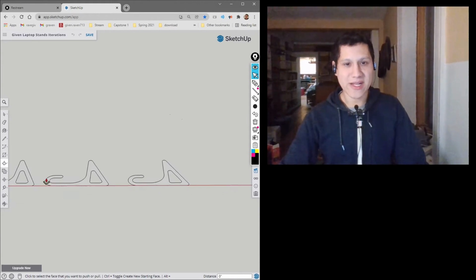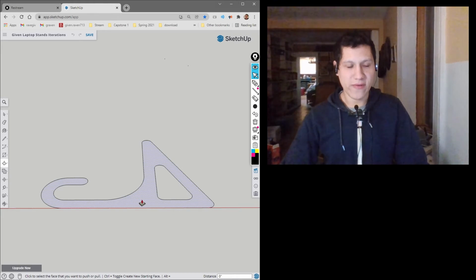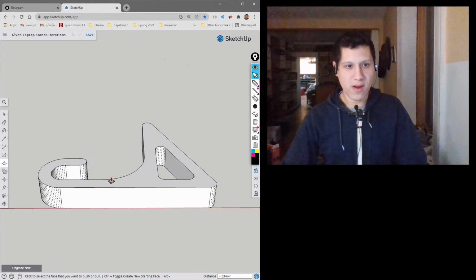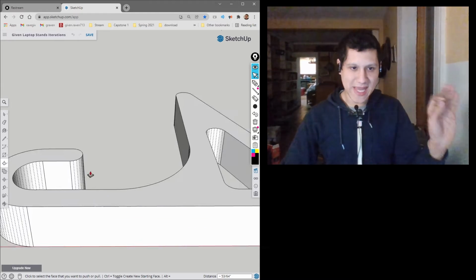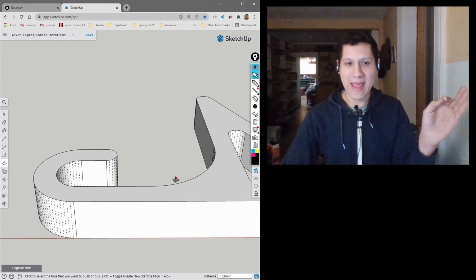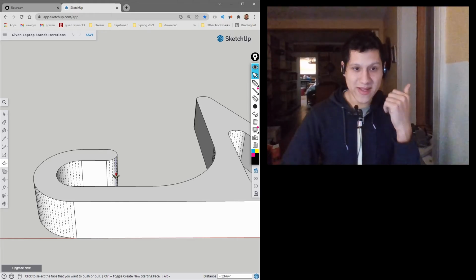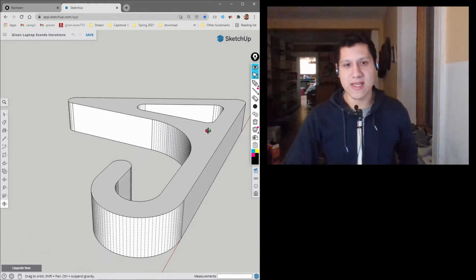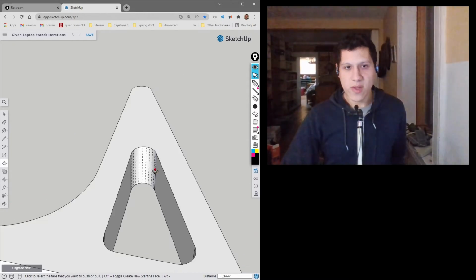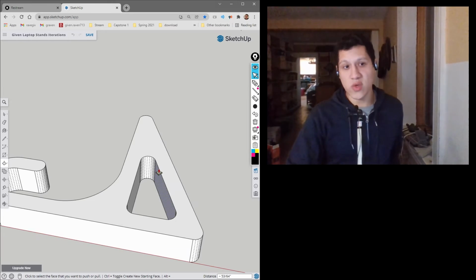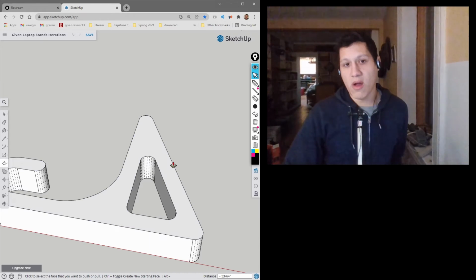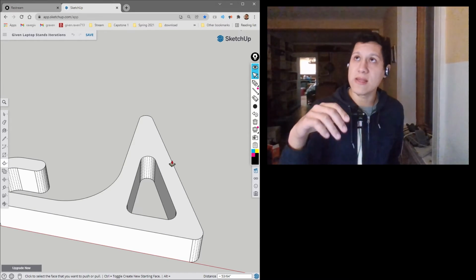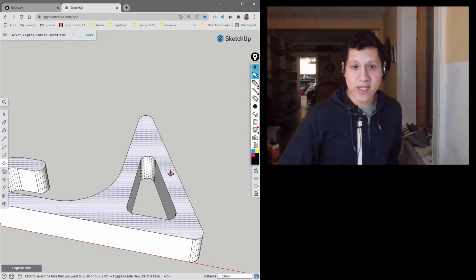So our last iteration was accounting for that, and now all of our arcs have segments of the exact same length. Each one of these segments on each one of these arcs is 1/16 of an inch, which in terms of printing means you won't see it, and in terms of design means that they are all equally detailed. So that's good.